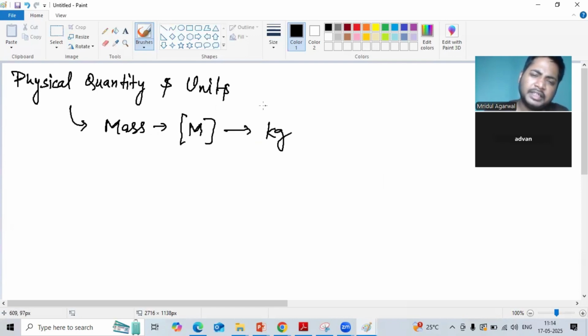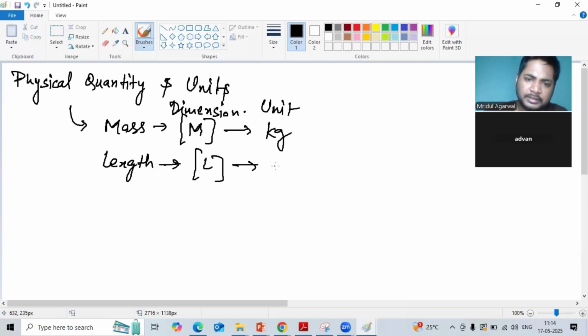So its unit is kg. Its dimension is M, correct? Similarly, if you talk about length, length is defined in L, correct? And the unit is meters. Similarly, you have time. Time is defined in T and it is measured in seconds, correct?